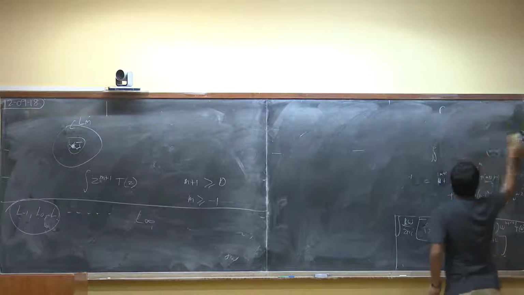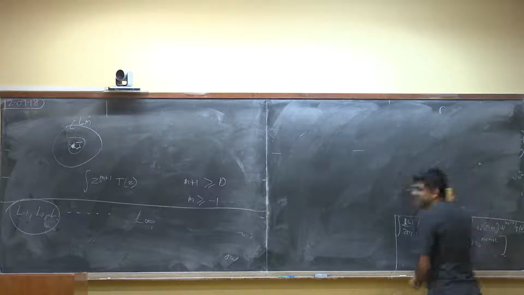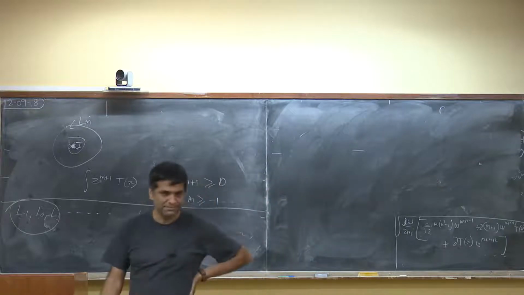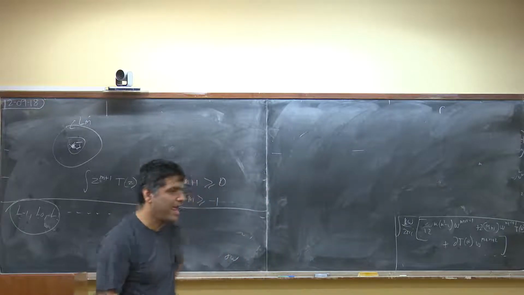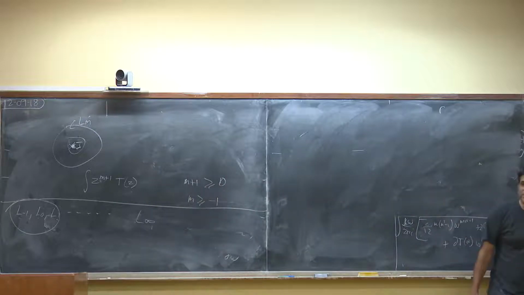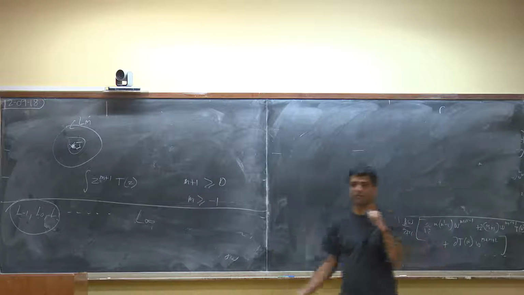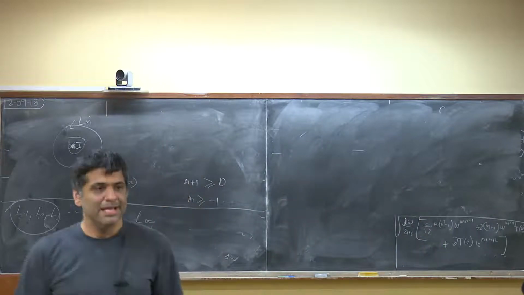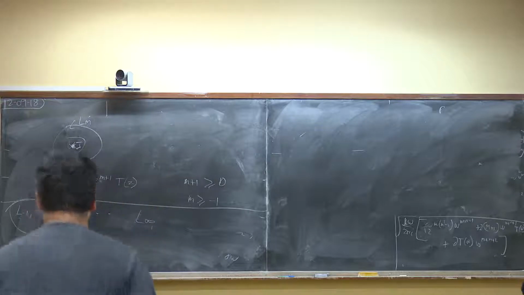Now we want to do a little more. So far we've studied one set of operators in great detail, namely the stress tensor. Okay? Now I'm going to define another class of operators, which are called primary operators under the conformal algebra. Okay? And these primary operators have the following property.